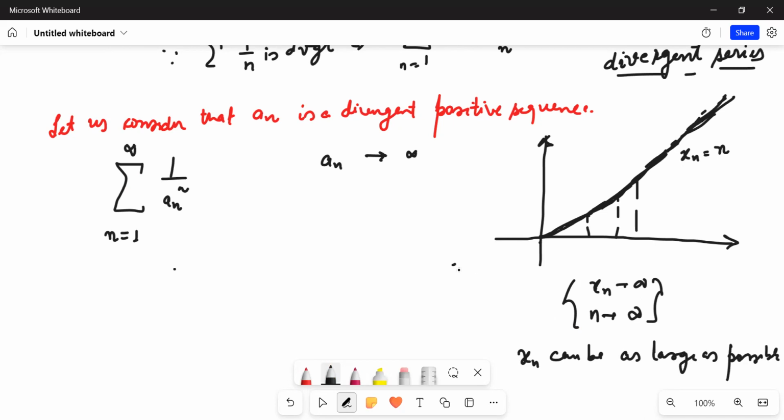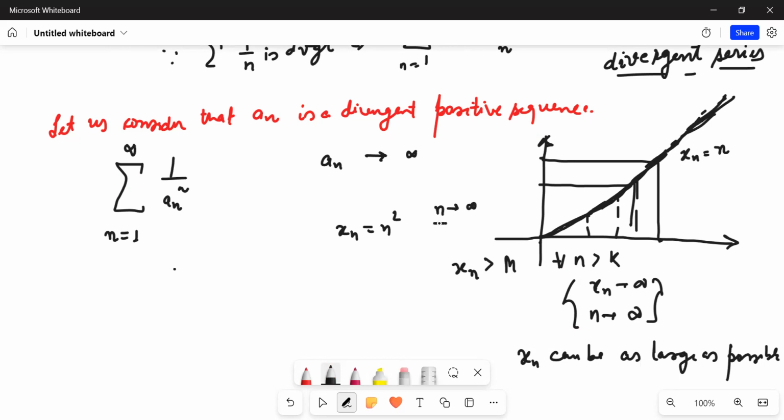It means that if xn is claimed to be greater than m, then I should find some number n greater than k. If something is tending towards infinity, it can be made greater than any number, and for that particular number, you should have some n. Let's say xn is equal to n square, I know that this tends to infinity as n tends to infinity.